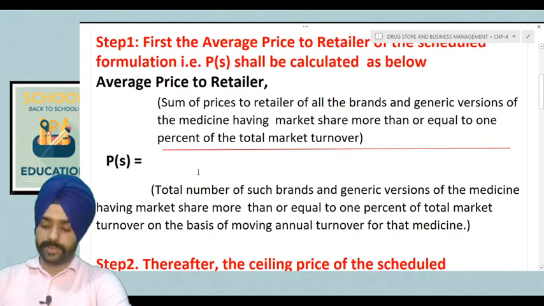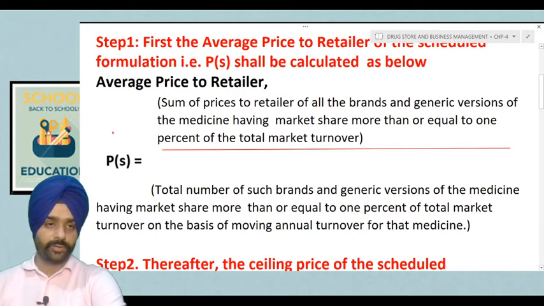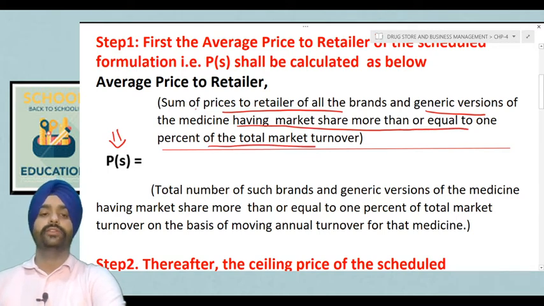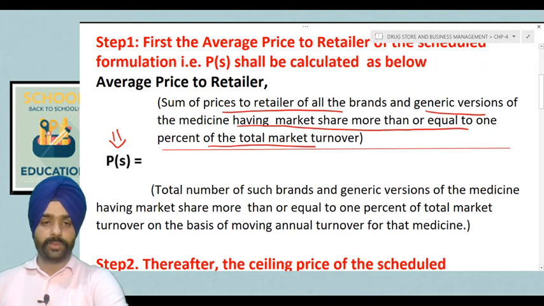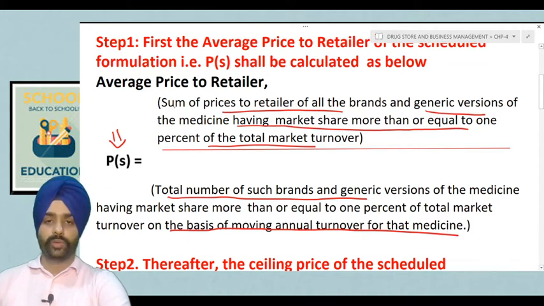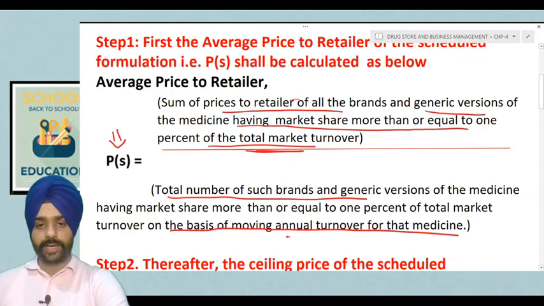It is the sum of prices to retailer of all brands and generic versions of the medicine having market share more than or equal to 1% of the total market turnover, divided by the total number of such brands and generic versions, on the basis of moving annual turnover of that medicine.